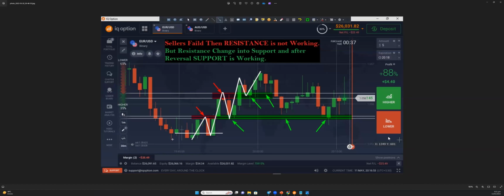This support, how many times did the sellers try to break? Twice. It confirmed that the sellers failed. When they tried to break and failed, it confirmed that the sellers failed in this area.